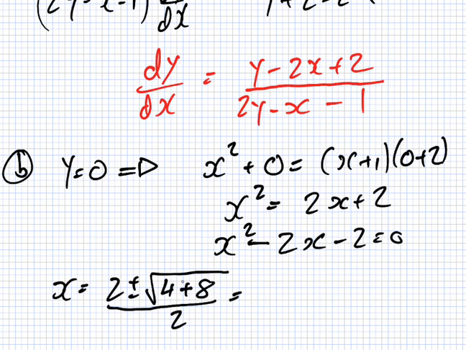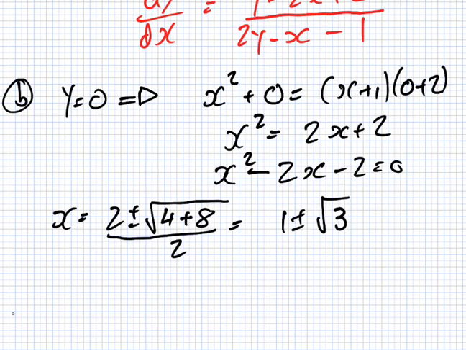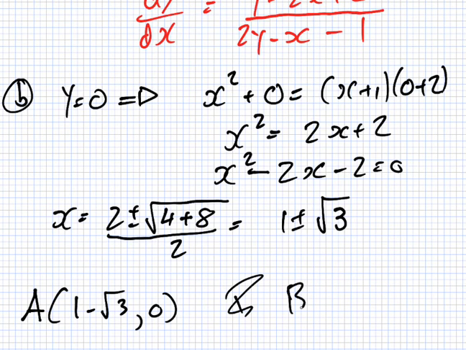So that would be a 12. 12 is 4 times 3, so when you simplify it, 1 plus or minus root 3. So A we'll say is (1 minus root 3, 0), and B we'll say is (1 plus root 3, 0).